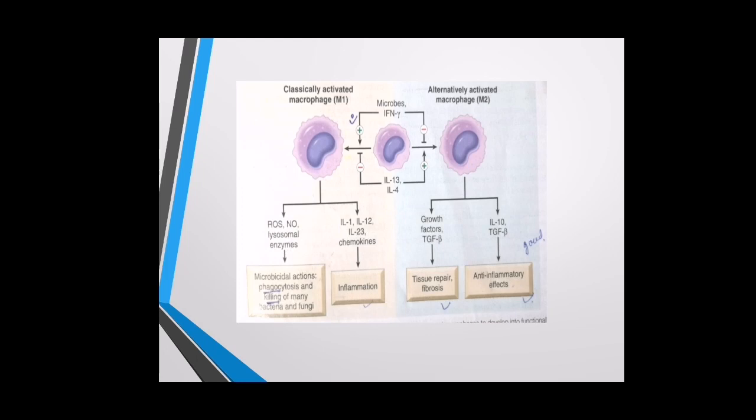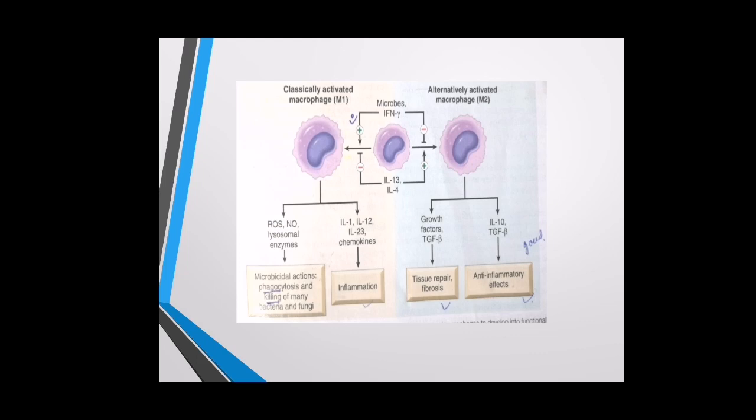Interferon gamma activates the M1 macrophages, and M1 secretes interleukin 1, interleukin 12 and interleukin 23, which cause inflammation; these are inflammatory mediators. Now M2 is activated by interleukin 13 or interleukin 4. It secretes interleukin 10 and TGF beta, which have anti-inflammatory effects. So M2 is anti-inflammatory and M1 is pro-inflammatory.